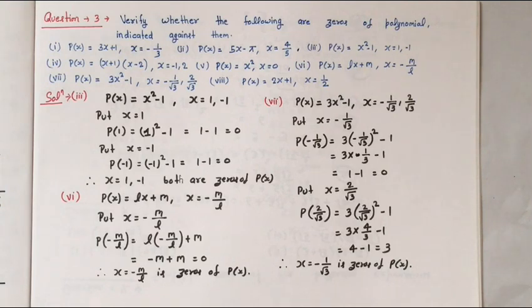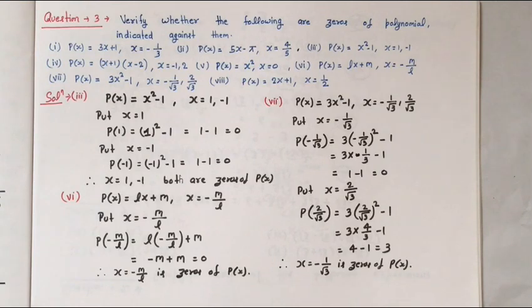You know very well, if we put the value of the variable in the given polynomial and the polynomial becomes 0, it means that this is a zero of the polynomial, and if the polynomial does not become 0, it means that it is not a zero of the polynomial.